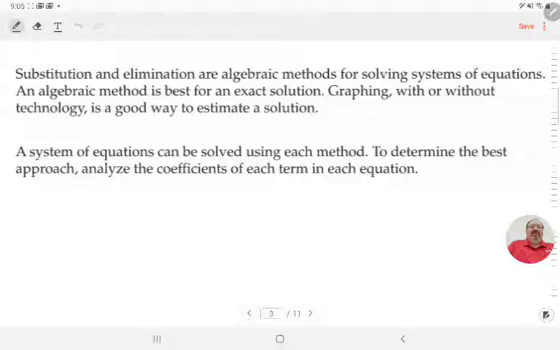An algebraic method is best for an exact solution. Graphing, with or without technology, is a good way to estimate a solution. A system of equations can be solved using each method. To determine the best approach, analyze the coefficients of each term in each equation.